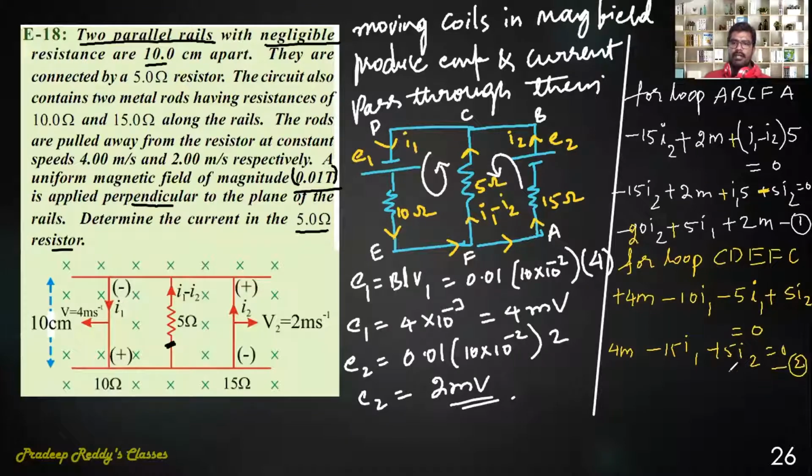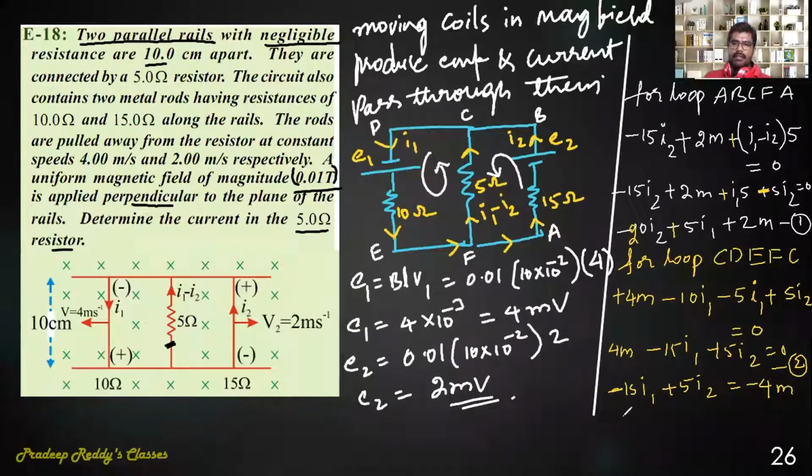Solve this equation 1 and equation 2. How do you solve it? It is minus 15 I1 plus 5 I2 is equal to minus 4 milli. And the second one, it is minus 20. I'll write it reverse. Just I'll make it this way.